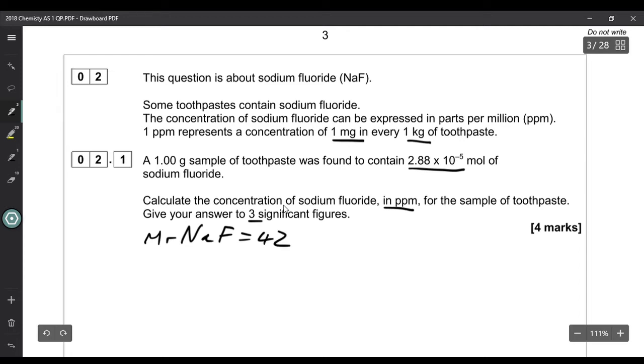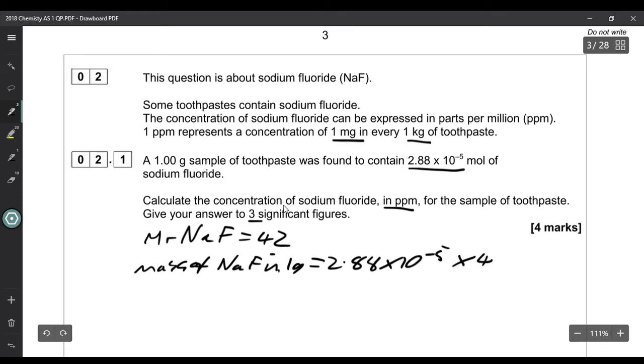Then to convert the number of moles to an actual mass, the mass of sodium fluoride in 1 gram of the toothpaste is just 2.88 times 10 to the minus 5 times its molecular mass, which is 42, and that comes out to be 1.2096 times 10 to the minus 3 grams.